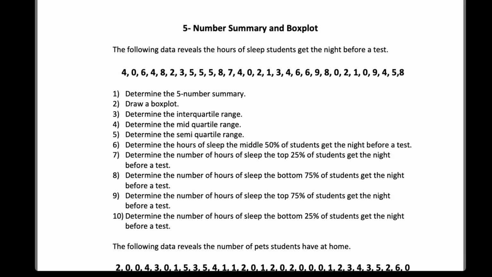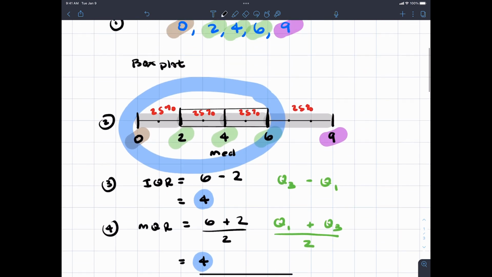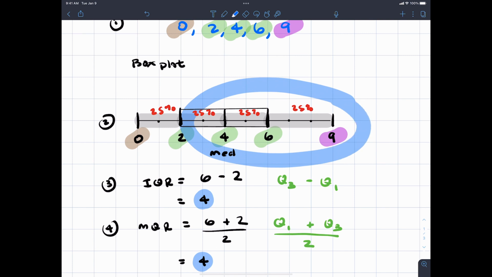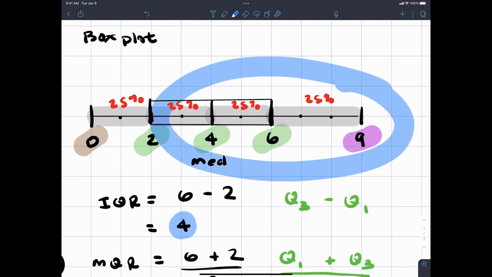Determine the number of hours of sleep in the top 75%. What do you think they mean top 75 now? Yeah, what do you think they mean by that top 75? You guys know what they mean? It's everything here, right? It's the 25, 25, 25, 25 on the right side.